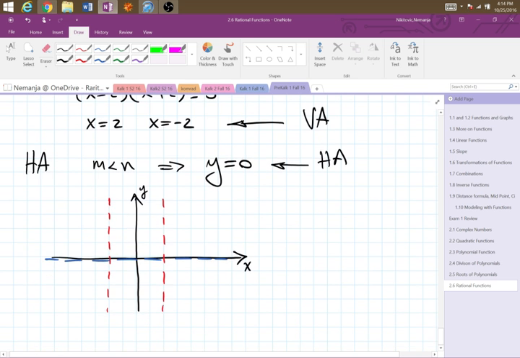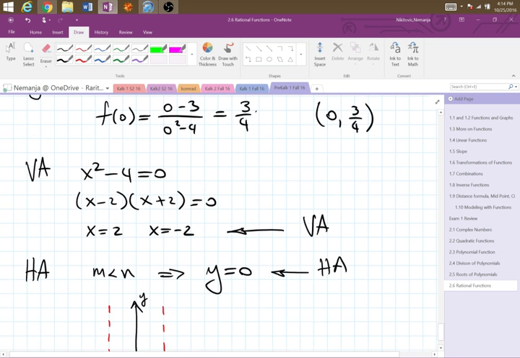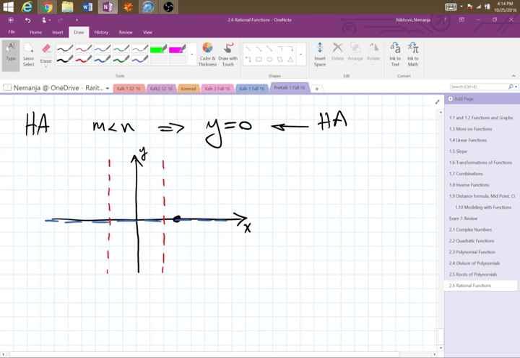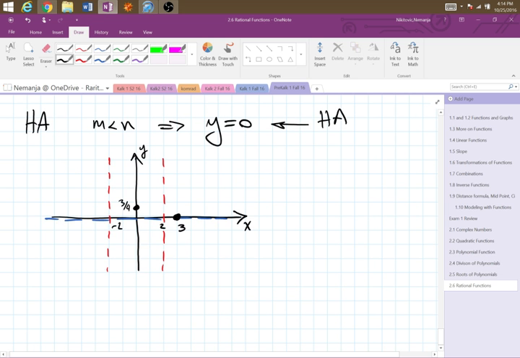I have an x-intercept at 3. And I have a y-intercept at 3/4. So this is the information that I have, and I'm supposed to fit in the graph. What to do?